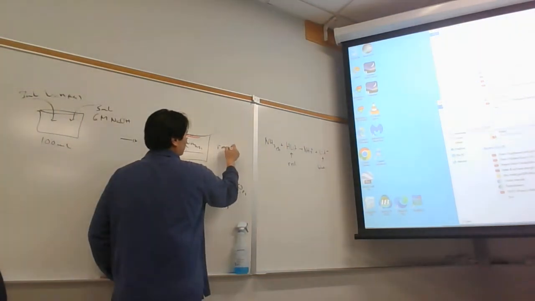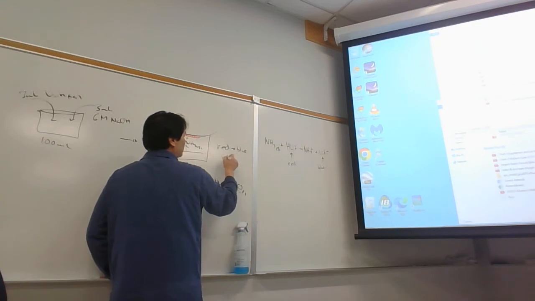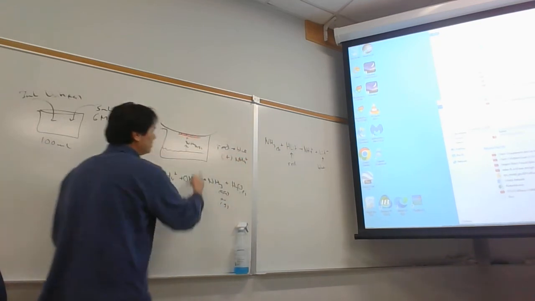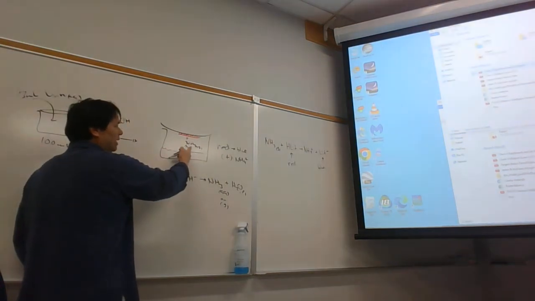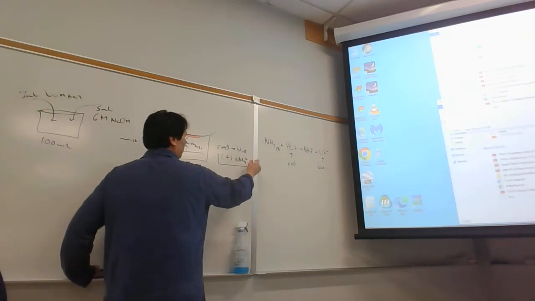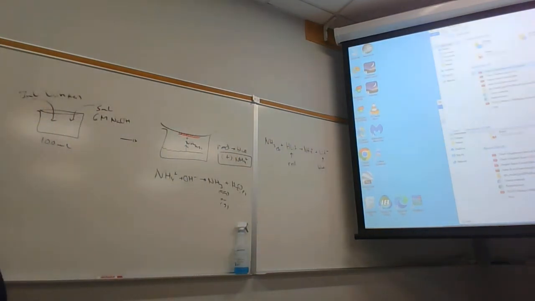If the litmus goes from red to blue, then that's what we call a positive test for ammonium in our original sample. Red to blue is a positive test for ammonia, but the ammonia came from the ammonium. And so we have a positive for ammonium in our original unknown solution here. So this is the flow chart.